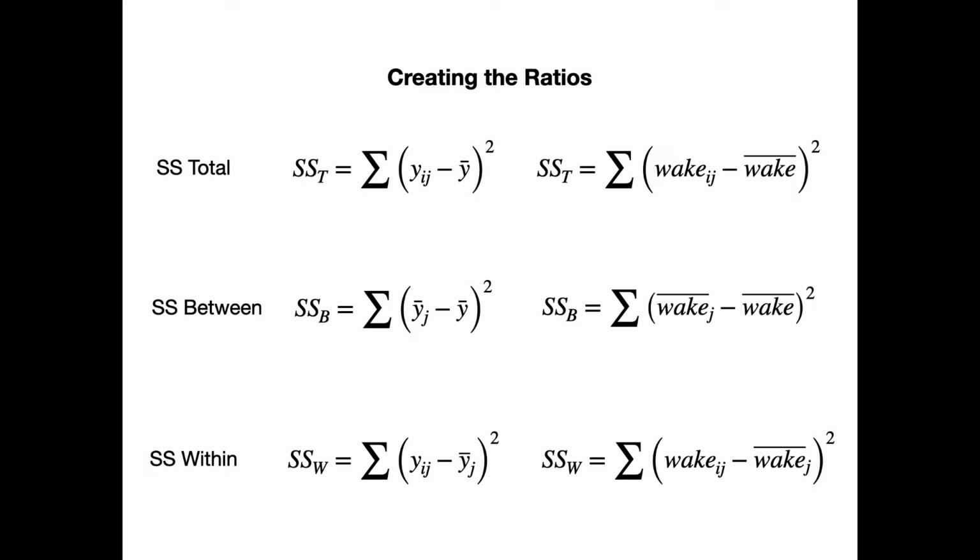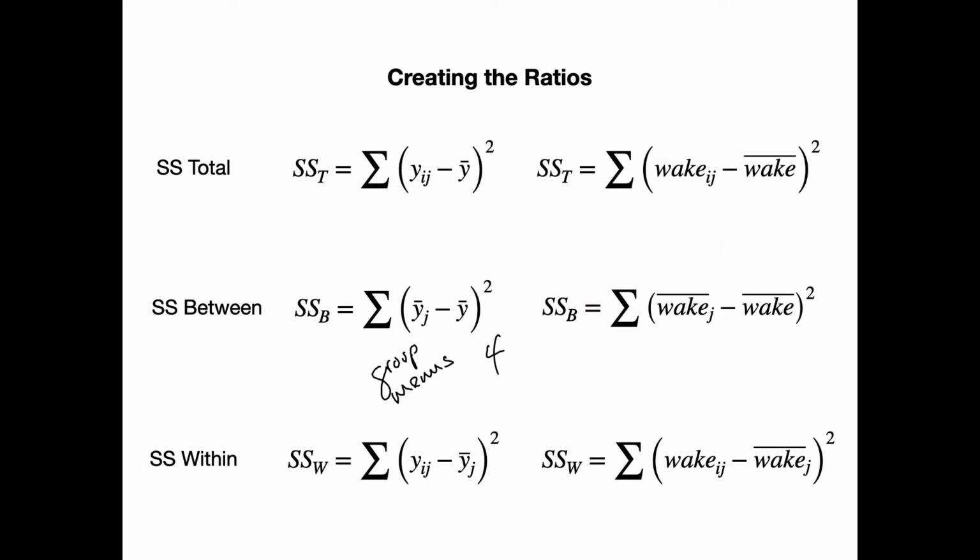So the sums of squares between takes these things, which are group means, because this is the mean for condition j. In the case of our example, we're going to have 4 group means, because we have CBT, we have medication, we have their combination, and we have placebo.